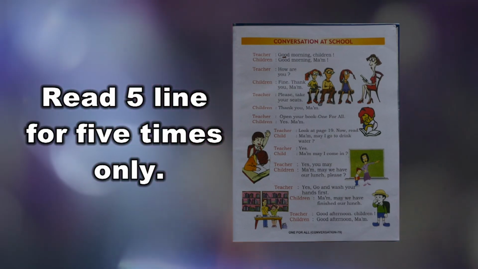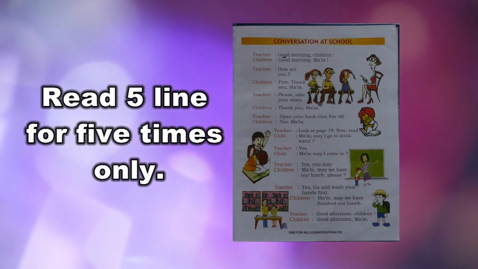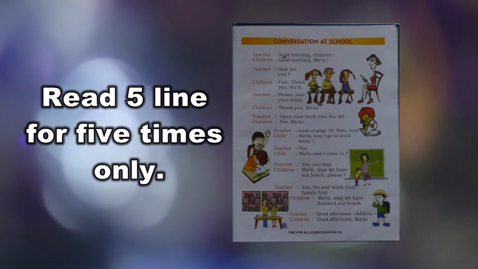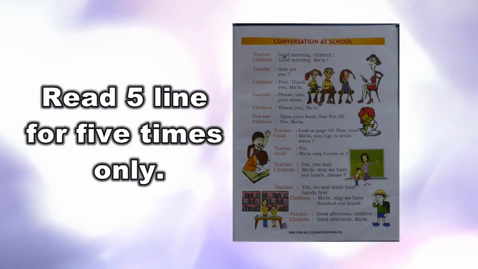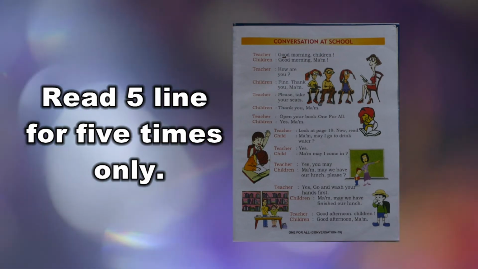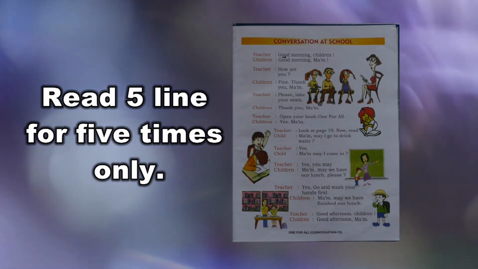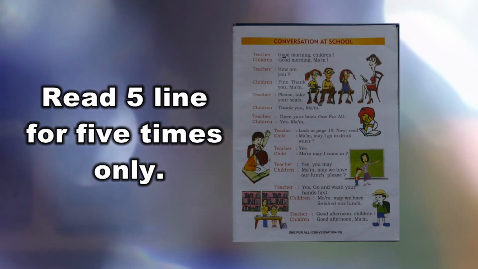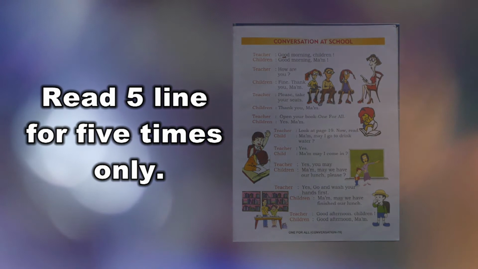The child can read those 5 lines very fluently. Maybe in first line, in second line they will face difficulties, but what you have to do, you just give them 5 lines and the child has to repeat those 5 lines 5 times.